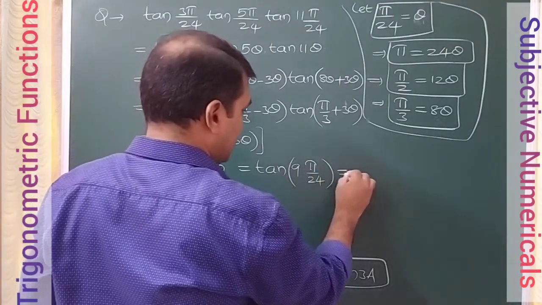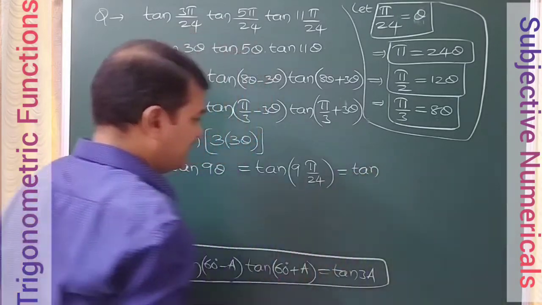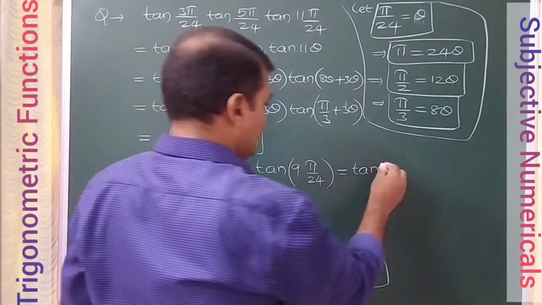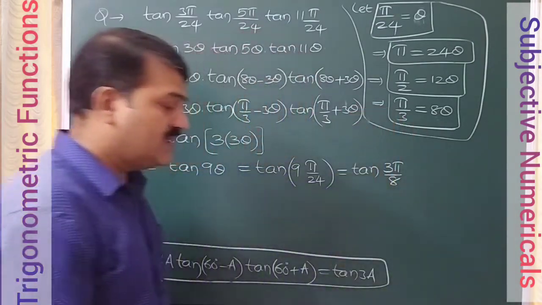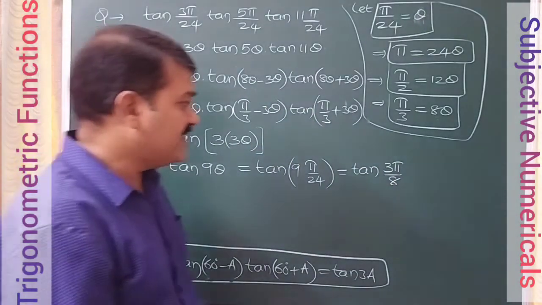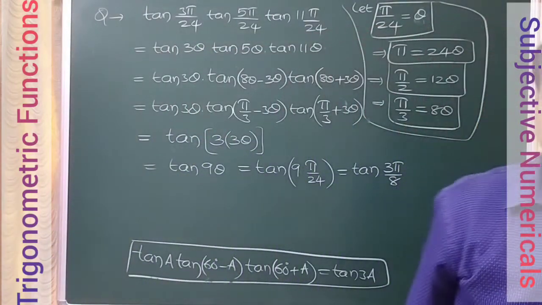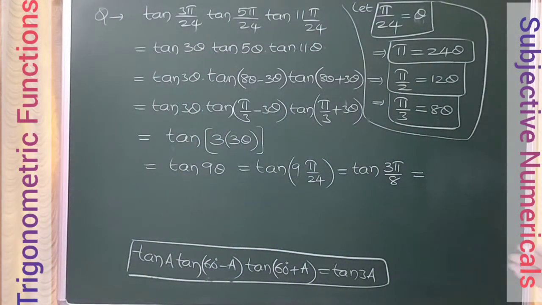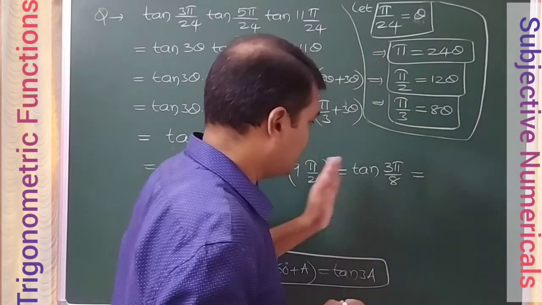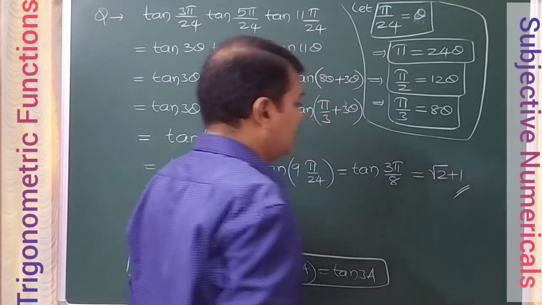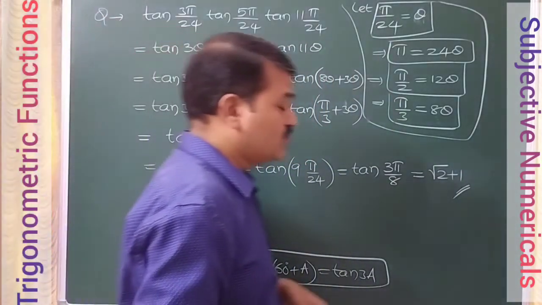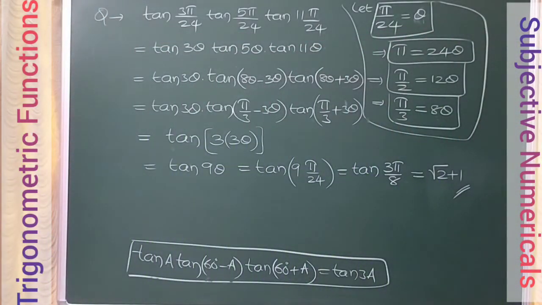When you simplify, you get tan of 3 pi by 8, that means tan 67.5 degrees, and tan 3 pi by 8 is nothing but root 2 plus 1. So this concludes the solution of this problem: root 2 plus 1. We will come up with more numericals in the coming videos. Thank you.